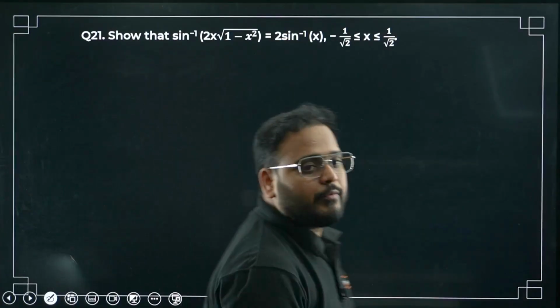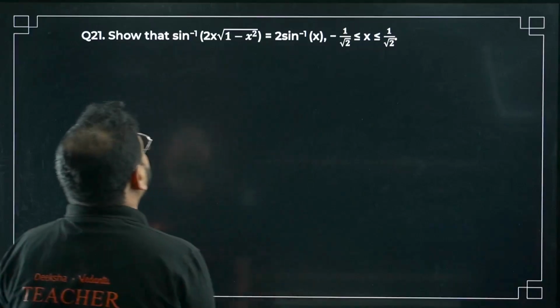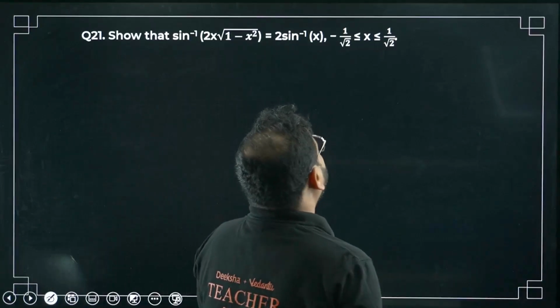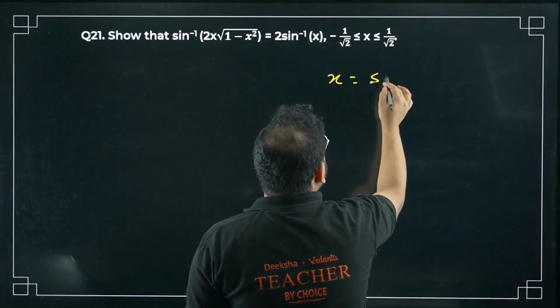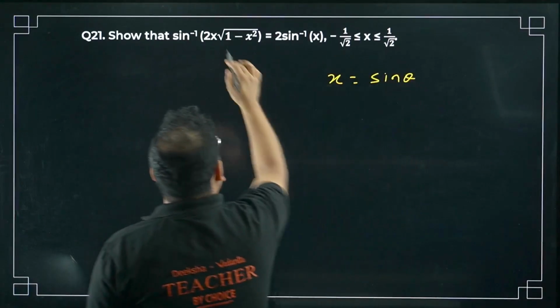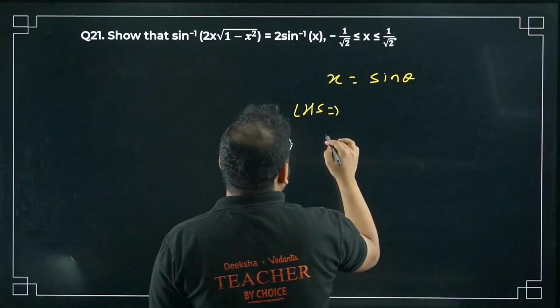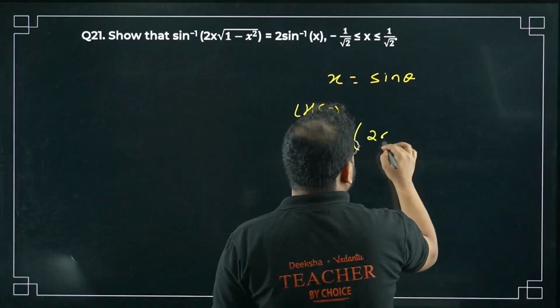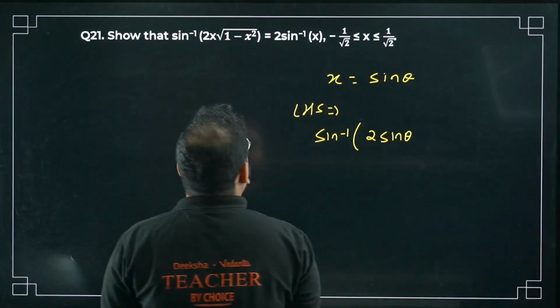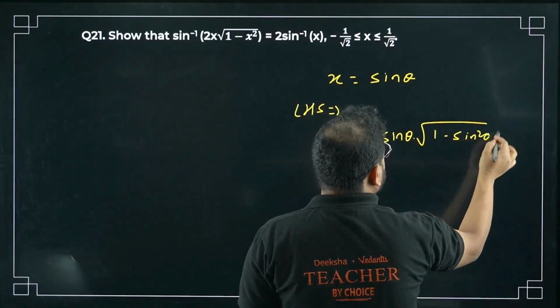Question number 21. Show that sine inverse of 2x times root of 1 minus x square is this. Okay, this is very simple. Just take x as sine theta and then substitute back over here. You're going to get this LHS this way. Sine inverse of 2 sine theta times root of 1 minus sine square theta.